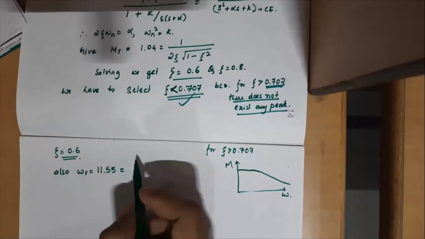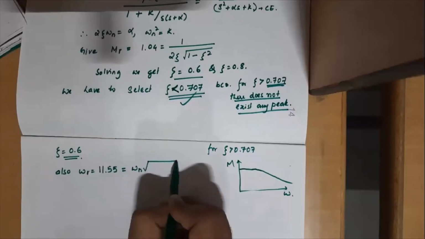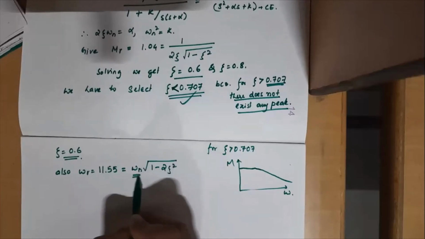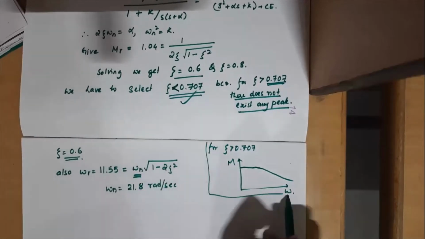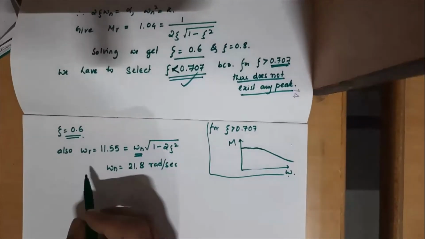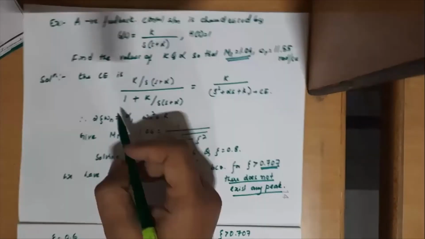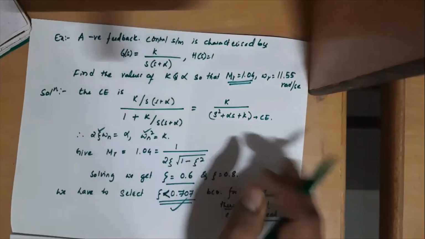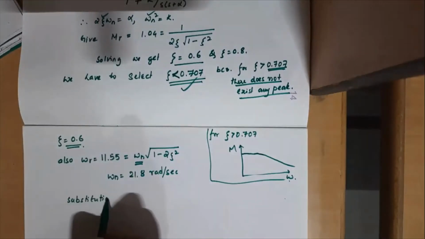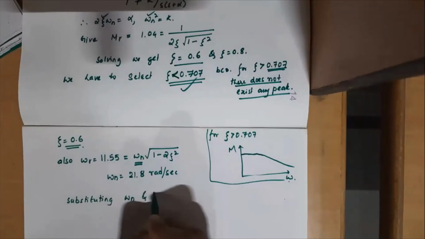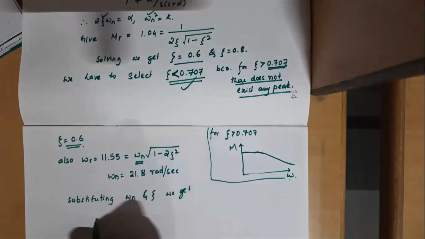Next, they have also given omega r as 11.55, which means omega n into square root of 1 minus zeta square. So calculating omega n, we get omega n equal to 21.8 radians per second. So these numericals are not as complicated as signals and systems or field theory. That's why I'm moving a bit faster.